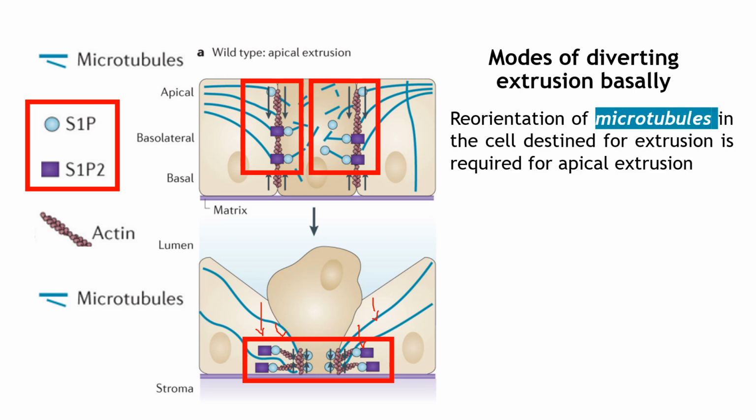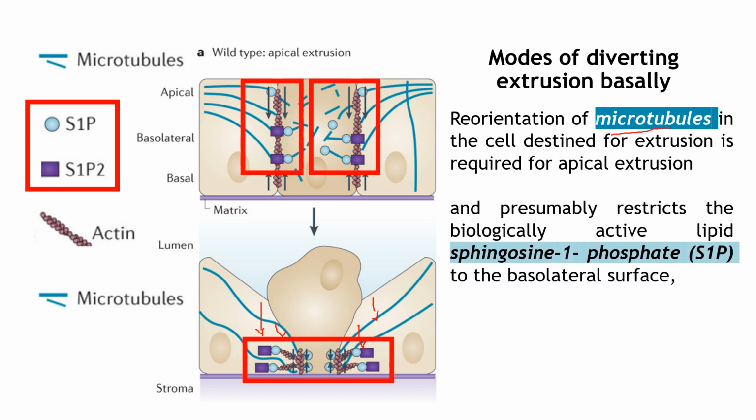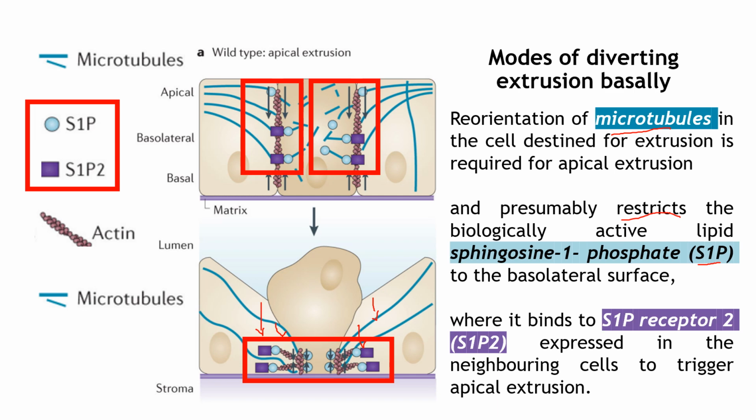So what I showed you in the previous slide are the changes in the microtubules, and then I showed you that there was a change in this molecule called S1P, that we think is most likely restricted, confined to the basolateral region, and in that region you also have the receptor that is expressed again in the neighboring cells, and this will trigger the extrusion.